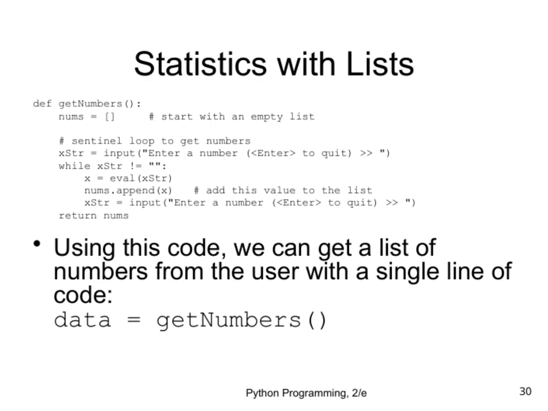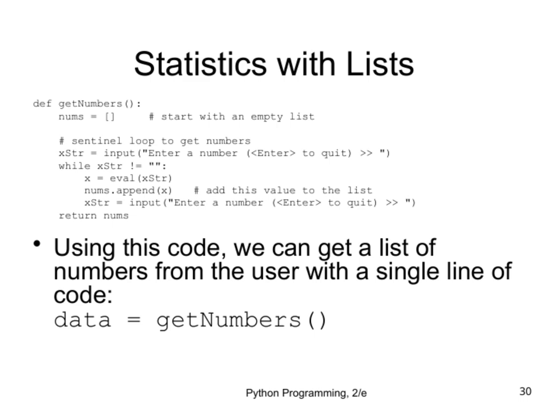If they enter something, we convert that input from a string to a number using eval, and then append it to our list. The loop continues, repeatedly asking for more numbers, until the user hits enter without typing anything, which makes the condition xstr equals false, and the loop ends. Finally, the function returns the complete list of numbers.